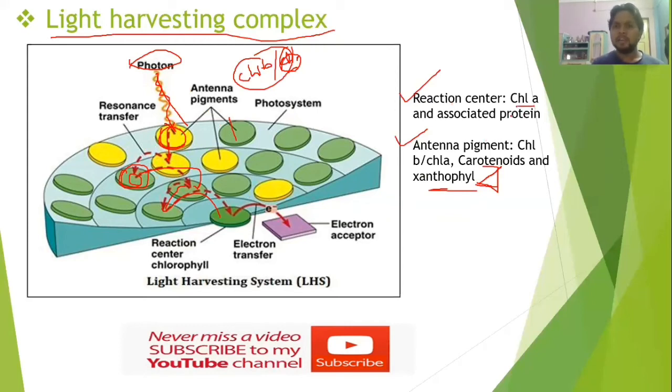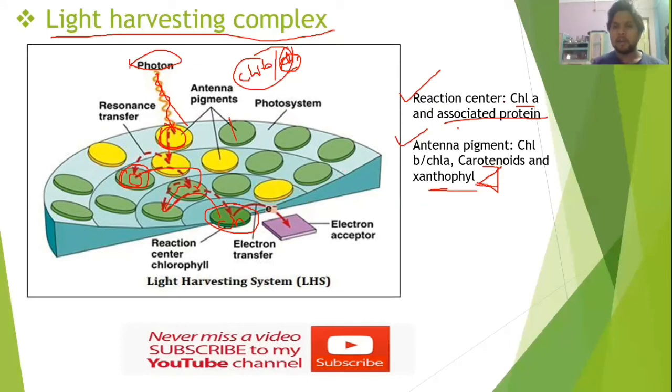Now coming to the reaction center. In the reaction center we have chlorophyll A and associated proteins. Chlorophyll B will not be present here, not at all. Only chlorophyll A and associated proteins are present.